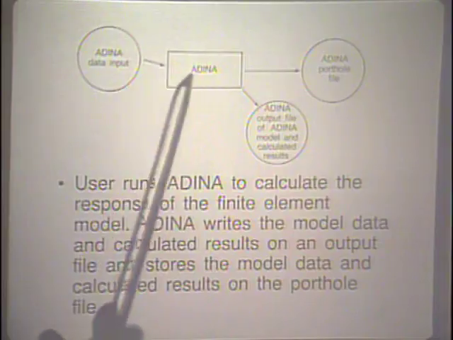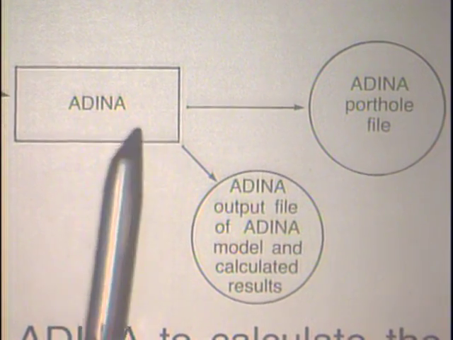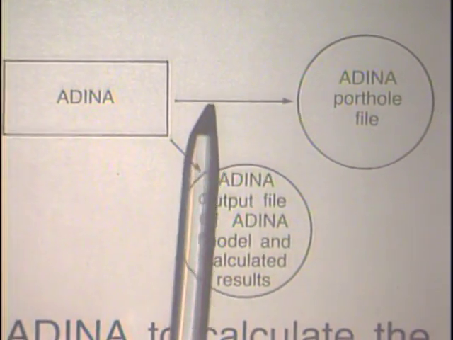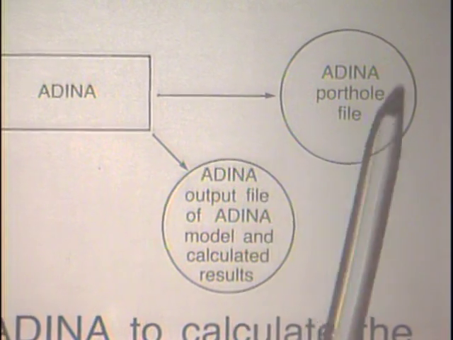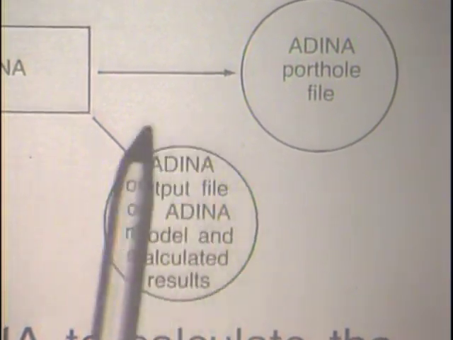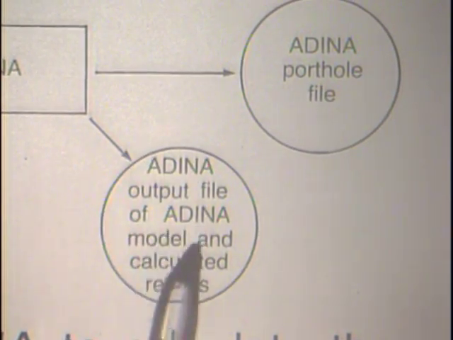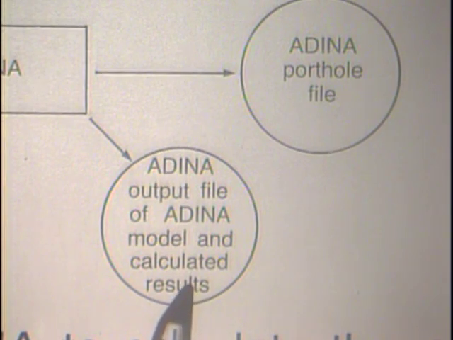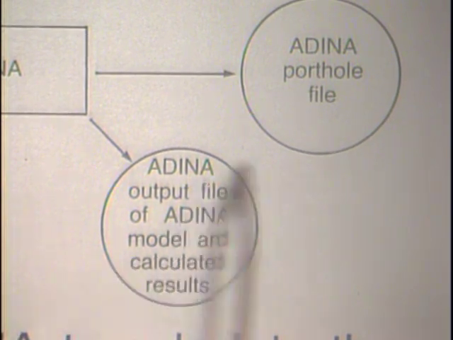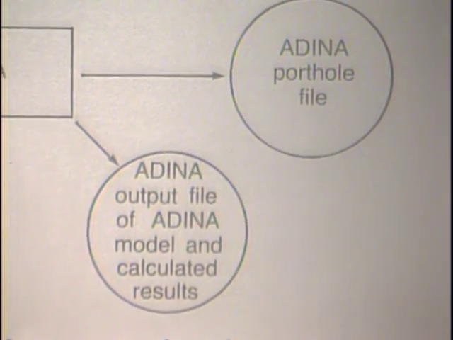ADINA data input then is available to ADINA, and the user runs ADINA, and ADINA then stores the output data on a porthole file and on an output file. The output file, in other words, contains the ADINA model data and the calculated results. We access the ADINA porthole file using ADINA-PLOT.